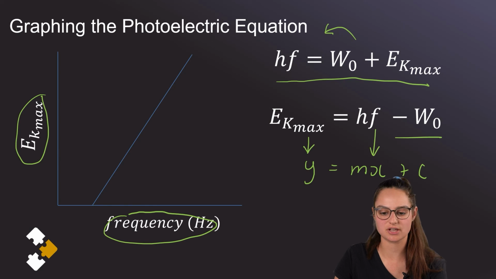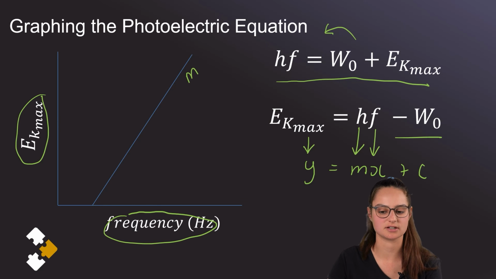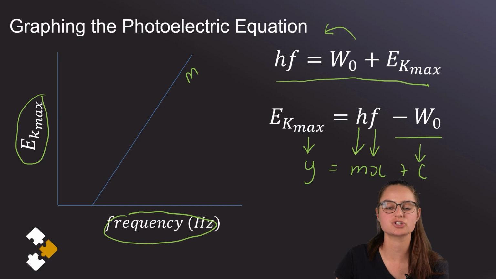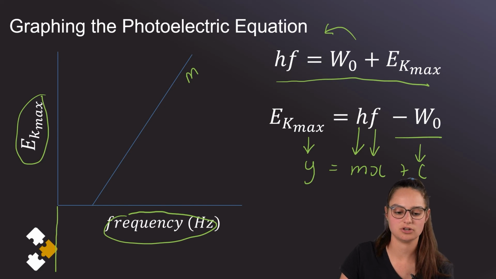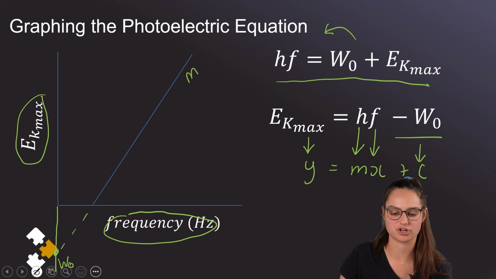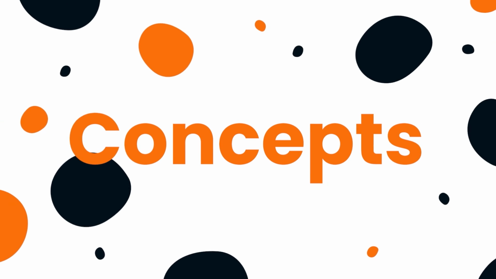This means that h is our gradient, which is really important to note. So our gradient is equal to Planck's constant. And plus c relates to our work function, which is now negative. If you were to extend this axis, you'd see that it would cut it somewhere around here, which would then be our work function.